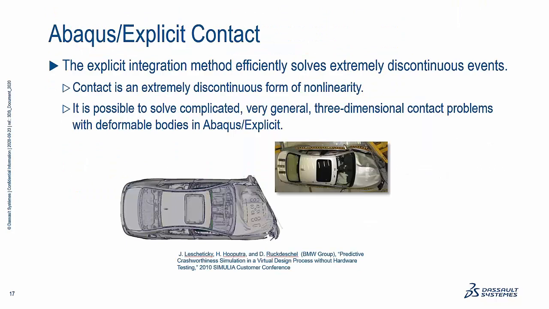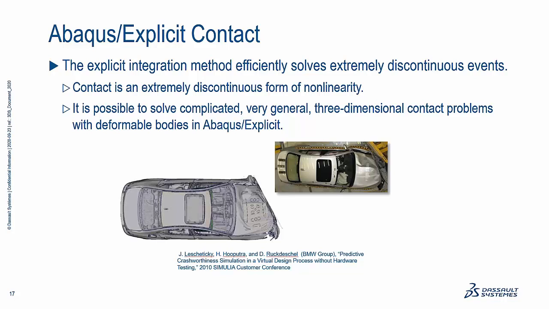Contact is one of the major challenges that Abaqus Explicit handles, frankly, better than most other tools that are out there. Explicit time integration is perfectly well suited for circumstances where contact surfaces are changing instantaneously to our eyes.